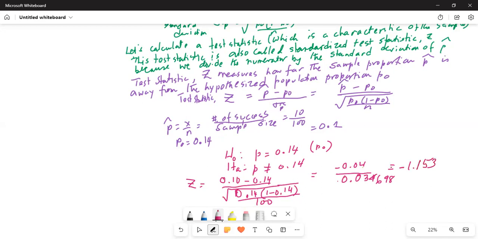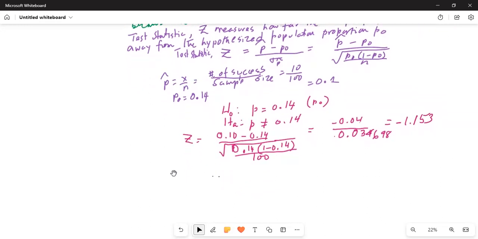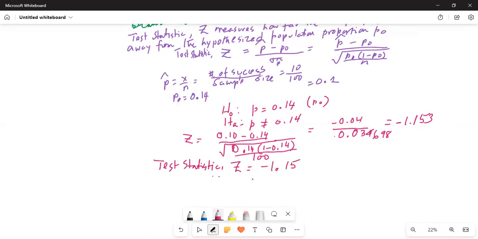So what does the test statistic mean? Z is the test statistic. Test statistic Z is about negative 1.15.